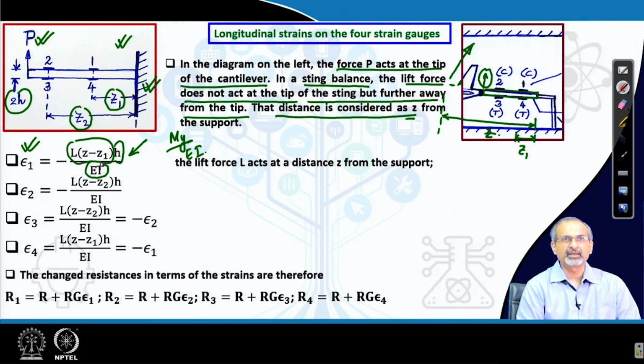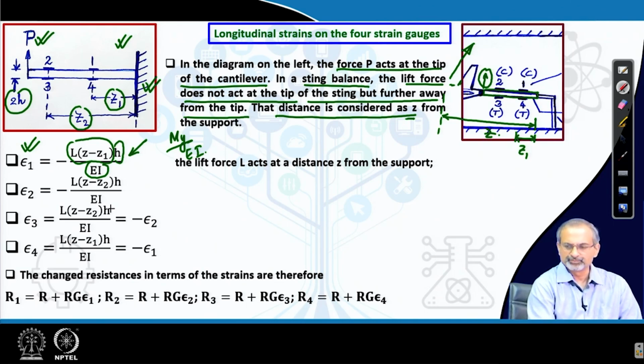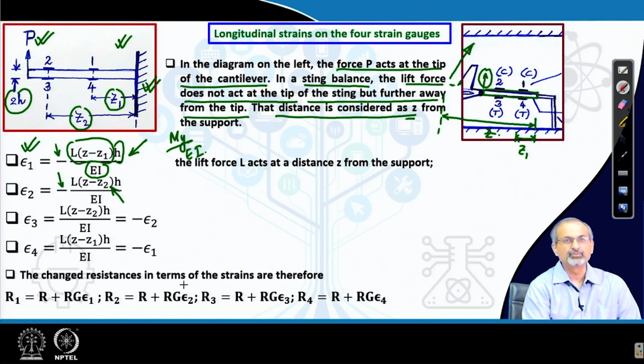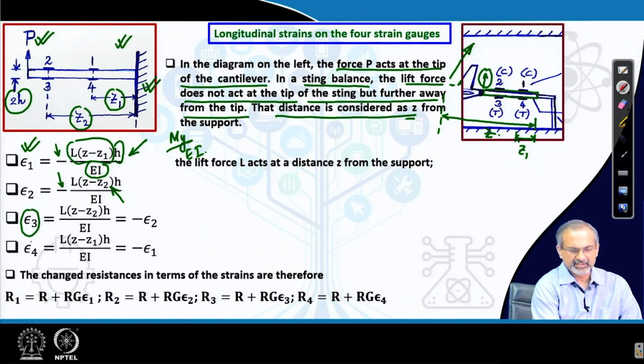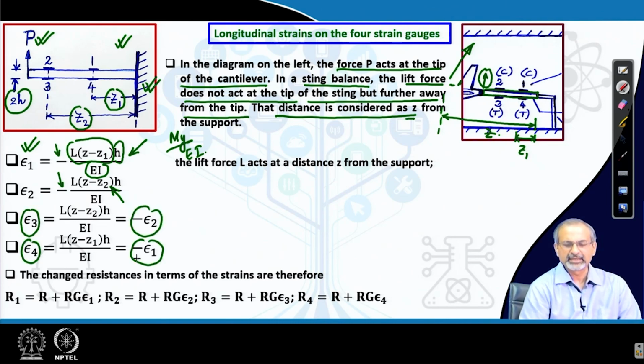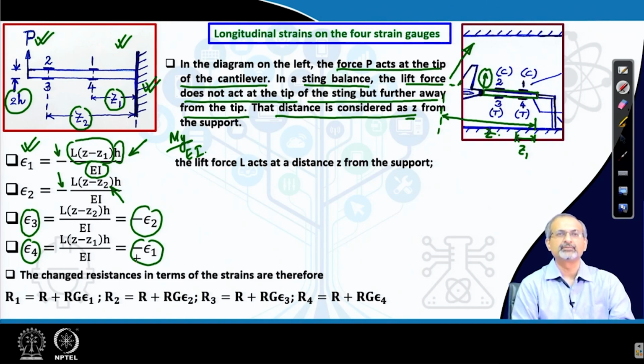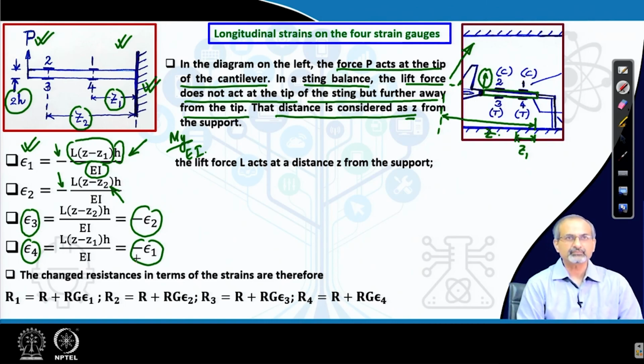In a similar manner, if you look at epsilon 2, that again due to compression has a negative sign here, the accompanying distance z minus z 2, and then the corresponding strains at points 3 and 4 can be very easily obtained if you equate them with the negative values of epsilon 2 and epsilon 1 respectively. Remember that these are positive strains.